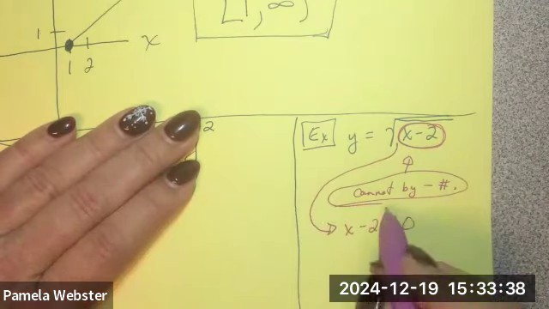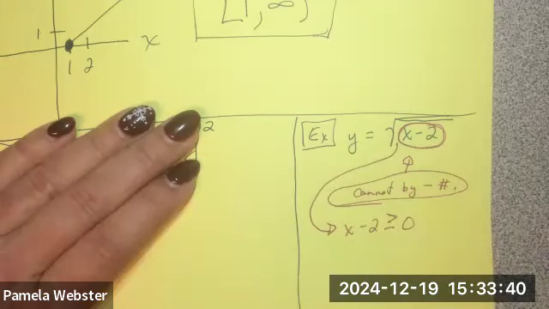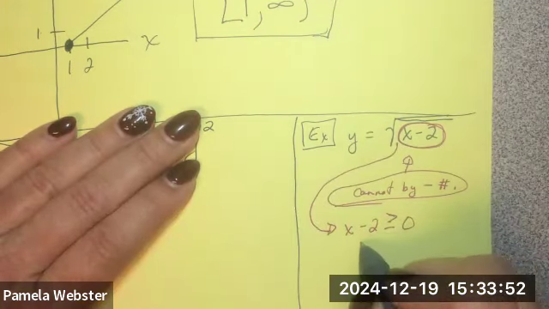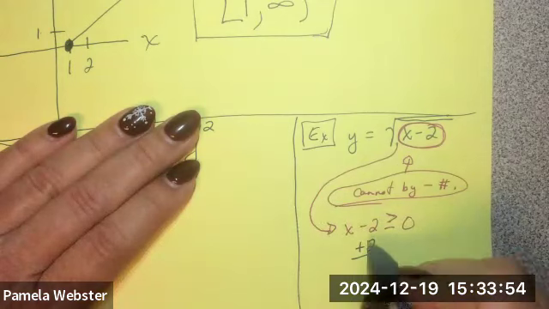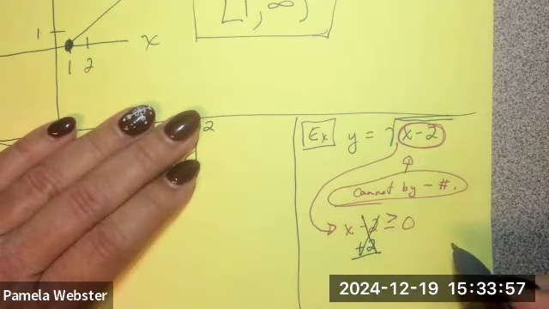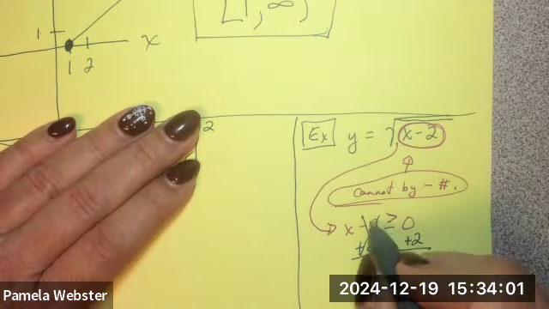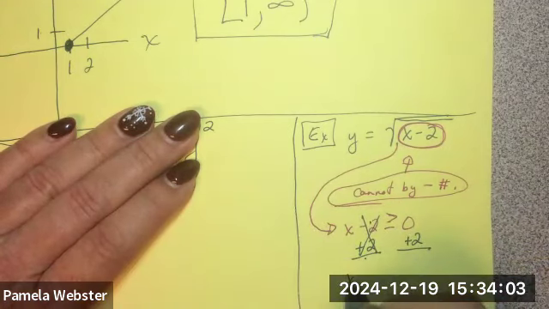So now again, don't worry about the fact that this is greater than or equal to. Hopefully you've seen some inequality stuff in the past and you know how to deal with inequalities. There might be some finer points in your homework, but I'm not really going to deal with them. Generally speaking, they work just like an equation. So I'm going to add 2. x is greater than or equal to 2.